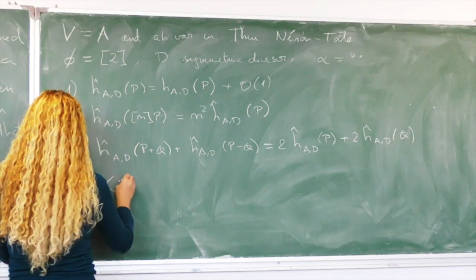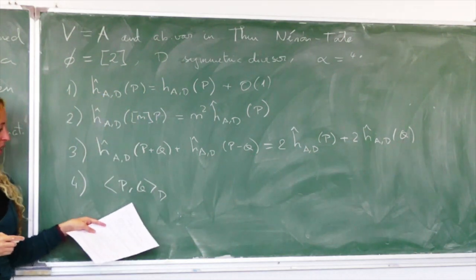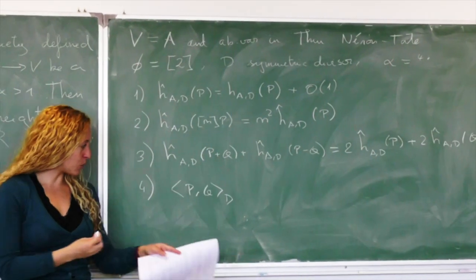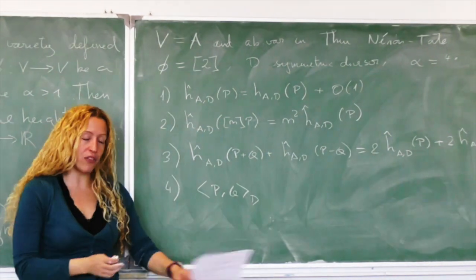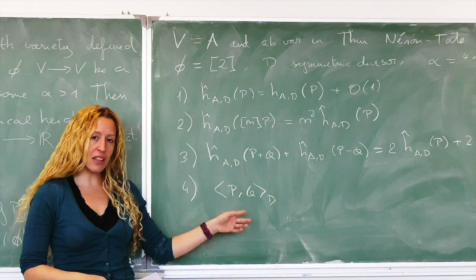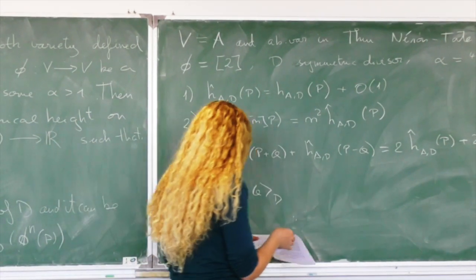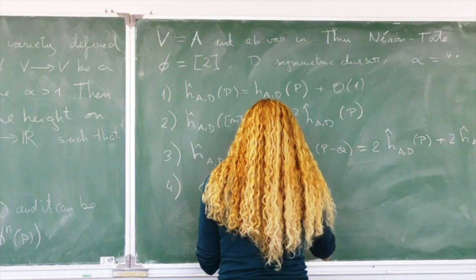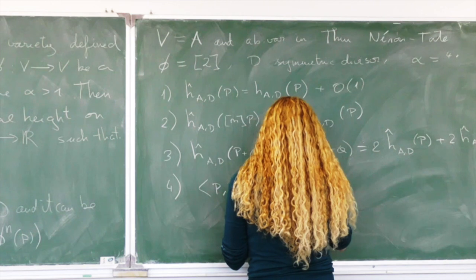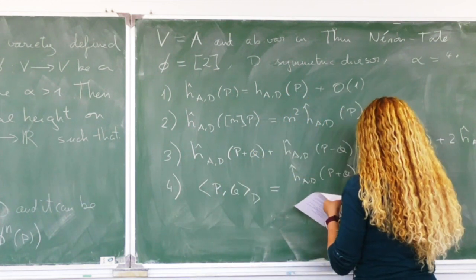Third, we can define a pairing. This is going to be really useful. You will see it in lecture 5, the next lecture, where we are going to talk about the Mordell-Weil theorem. This is going to be a key piece: a pairing that can be defined when you have a height. So this is a nice ingredient. We define this pairing as follows. It's a bit complicated.